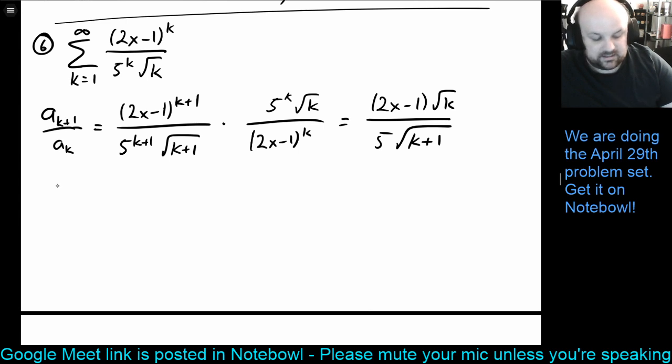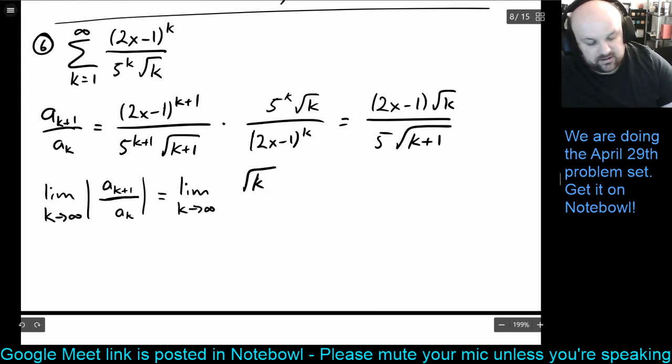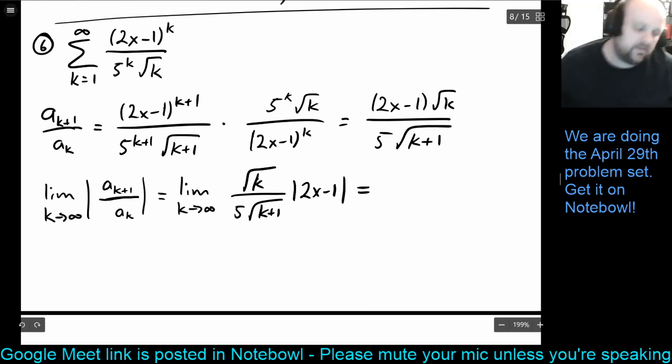And so we want to take the limit of that thing, well, of the absolute value of that thing. So the limit as k goes to infinity, and we're going to get square root of k over 5 square root of k plus 1, times the absolute value of 2x minus 1. So what's going to be the value of this limit?